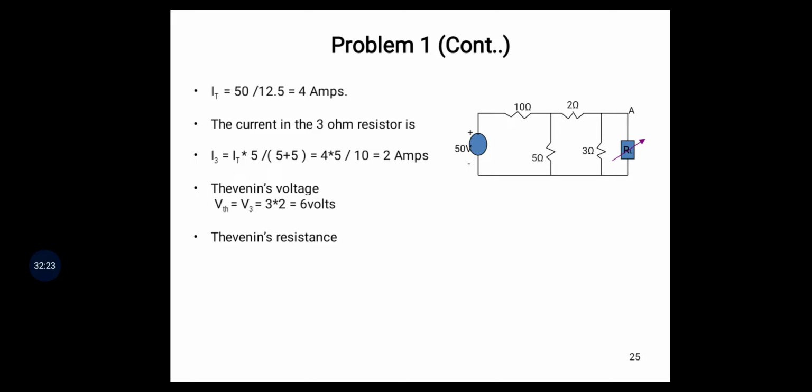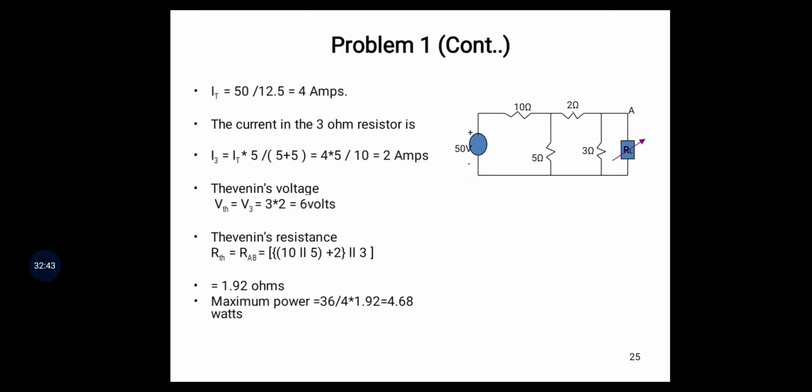So we got the current 2 amperes. Then Thevenin's voltage VTh, V equals IR, is 3 into 2, that means 6 volts.